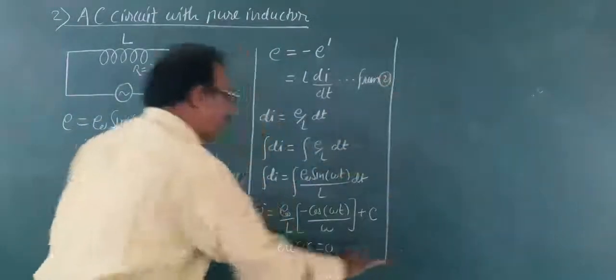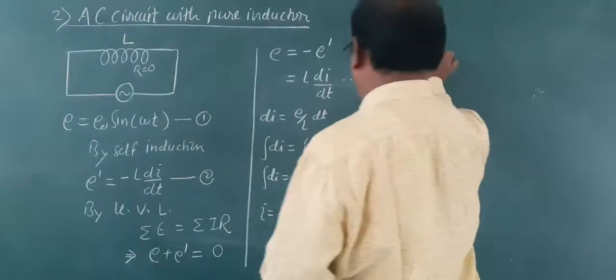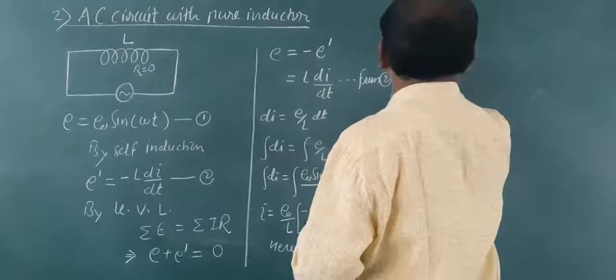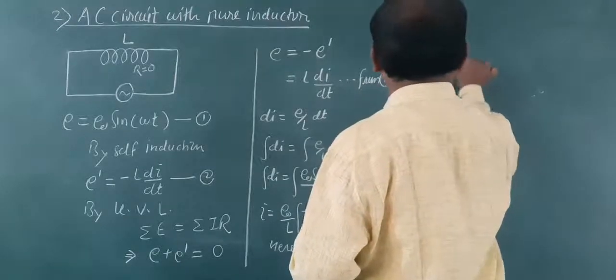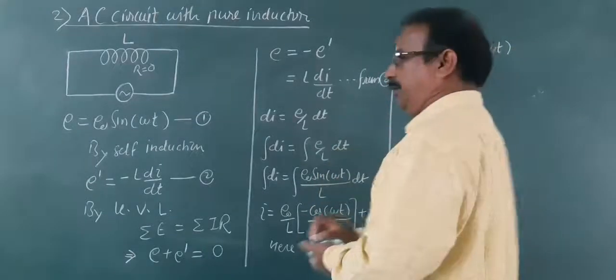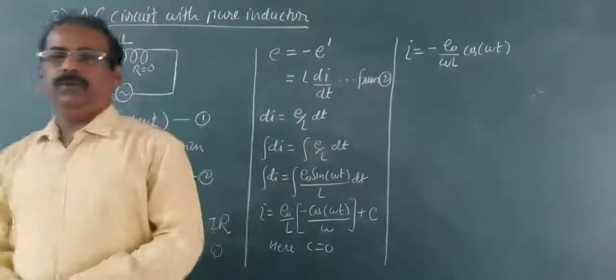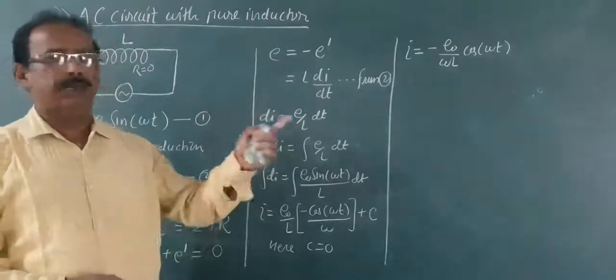Therefore, the equation for current in this circuit comes equal to how much? Minus of E0 upon omega L cos of omega t.